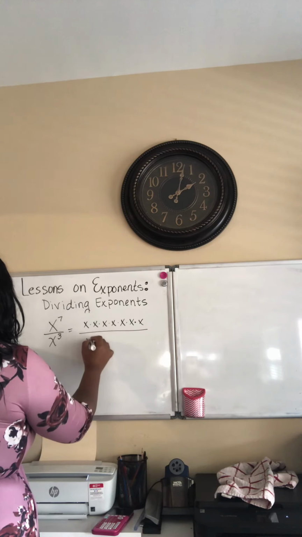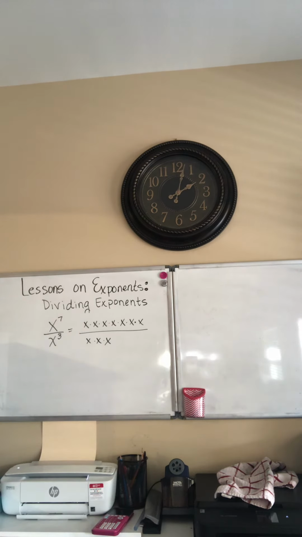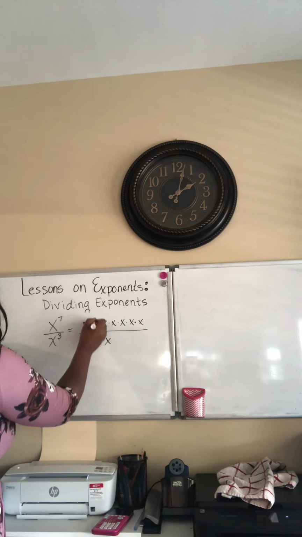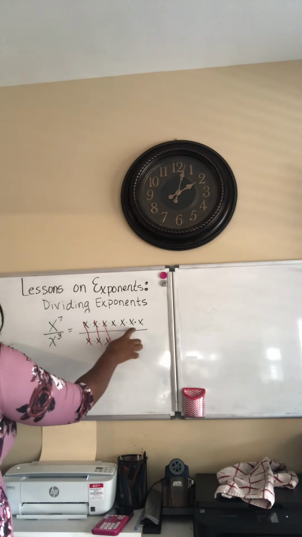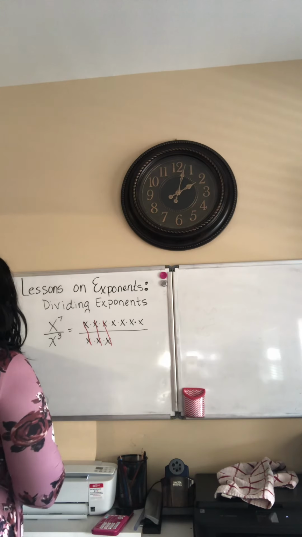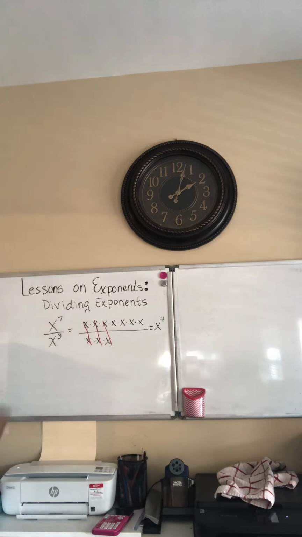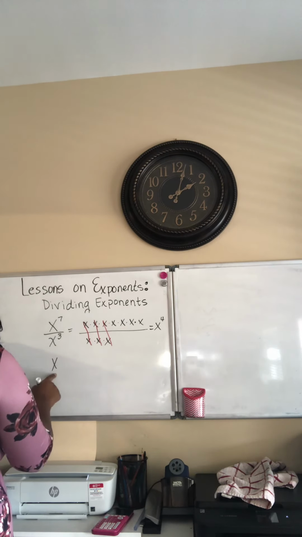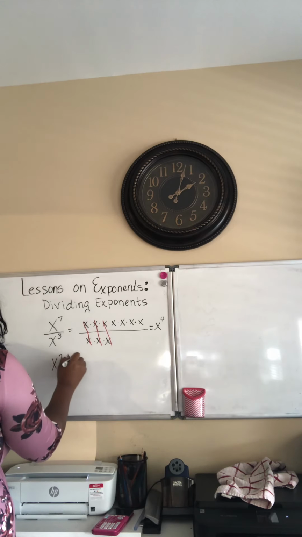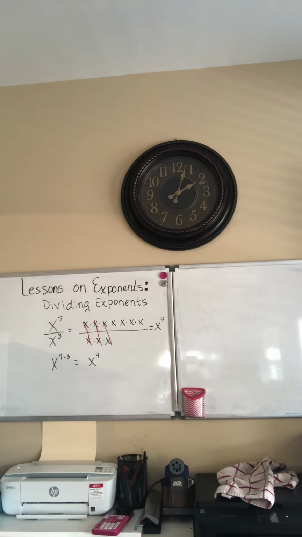And then we have x times x times x. Now you do not have to write this out every single time. I'm writing it out just to demonstrate what's happening. How many x's are we left with? Well, let's count them up. 1, 2, 3, 4. So our final answer is x to the 4th power. So what could we have done instead? Since our base is the same, 7 minus 3 is equal to x to the 4th power. We could do that quickly, and we could do that in our head.